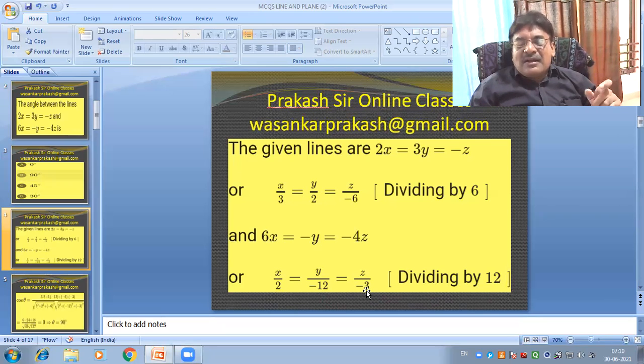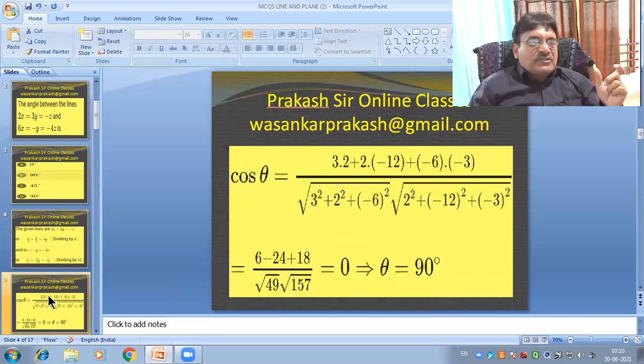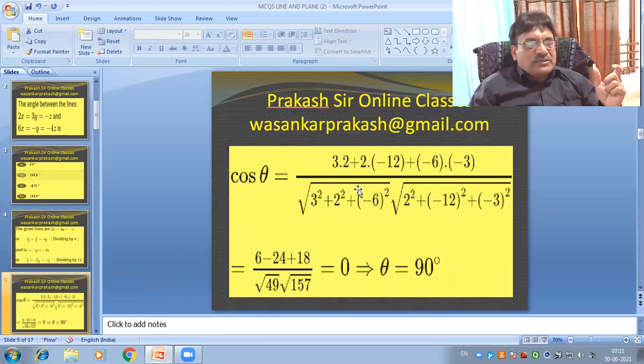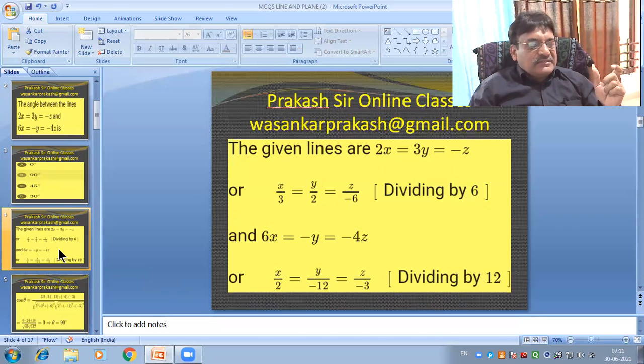So cos theta = 3 into 2, 6, plus 2 into -12, that is -24, plus -6 into -3.